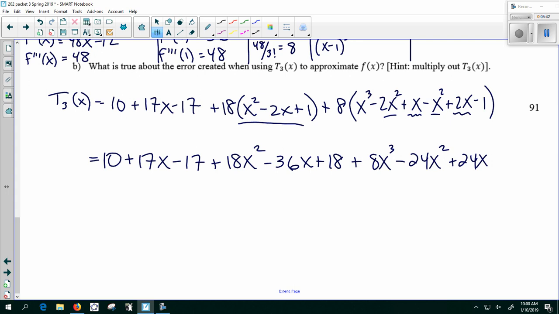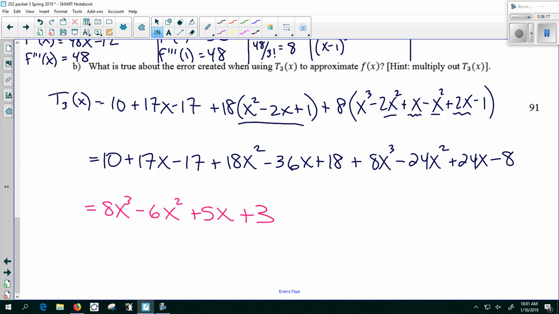And then minus 1 times 8 is minus 8. All right, so now I just combine my like terms, and I get 8x cubed. 18 minus 24 is negative 6, negative 6x squared. And then my x's, I have 17 minus 36 plus 24, which is 5. And then for my constants, 10 minus 17 plus 18 minus 8 is plus 3.